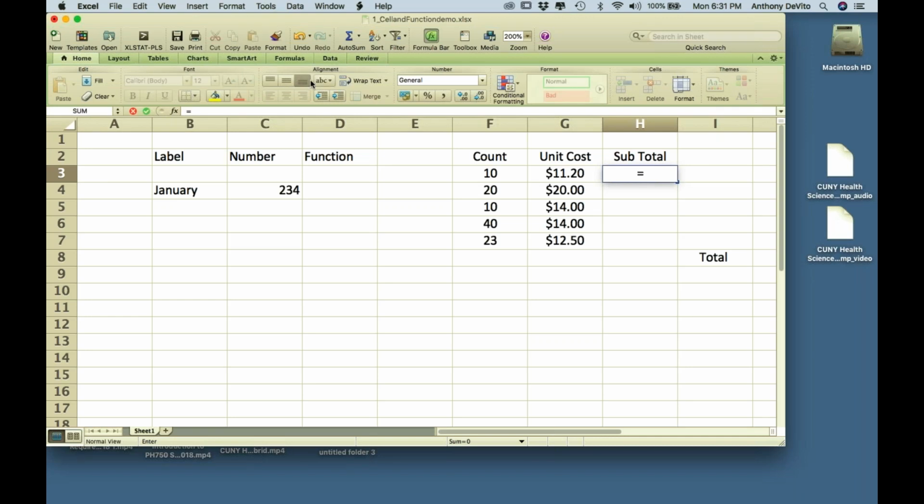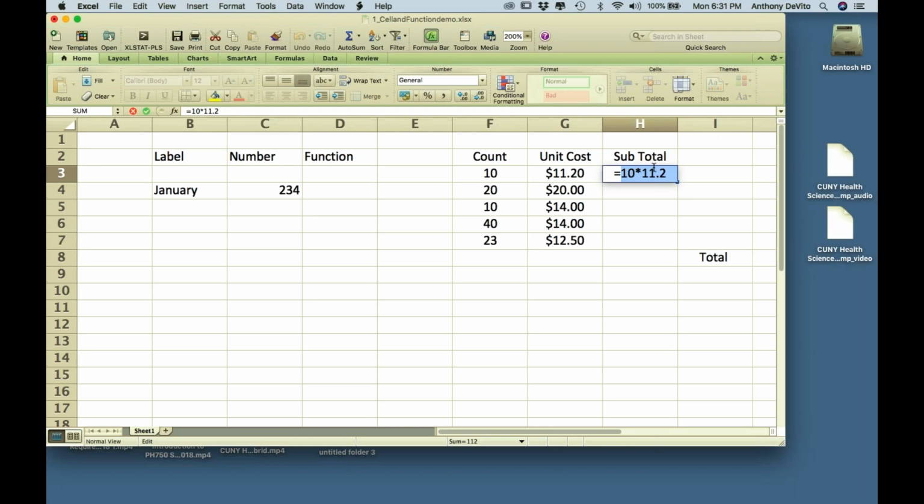And a few of these operators up here changed. So it now knows that it's waiting for me to complete this operation. So I'm going to tell it that I want it to multiply 10 times $11.20. I could just do that, 10 times 11.2, and it'll do the calculation for me. Use the asterisk to represent multiplication. I can also use plus, minus, and so on and so forth.